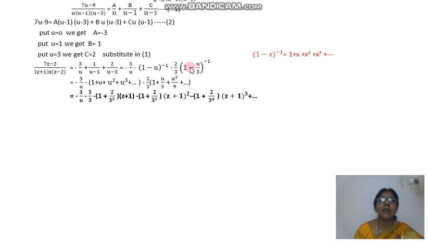Constant into 1 minus u by 3 inverse means 1 plus u by 3 plus u square by 9 and so on. Now this one is minus 3 by u minus, here you see this one, minus 1 minus 2 by 3 into 1, and minus 1 minus 2 by 3 means minus 5 by 3 minus here.